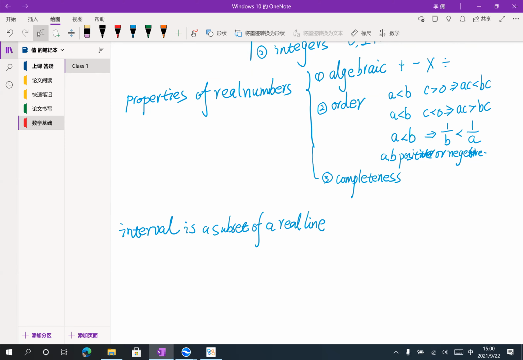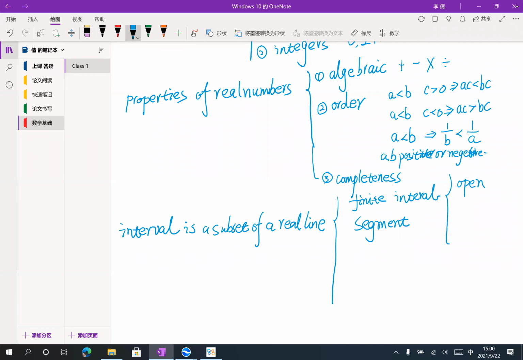If this line is a segment, it means this interval is a finite interval, right? And there are two kinds of finite intervals.